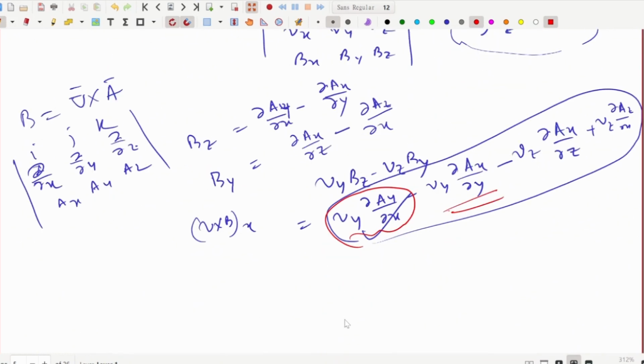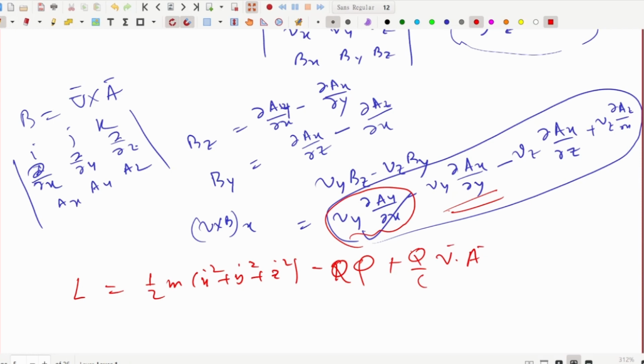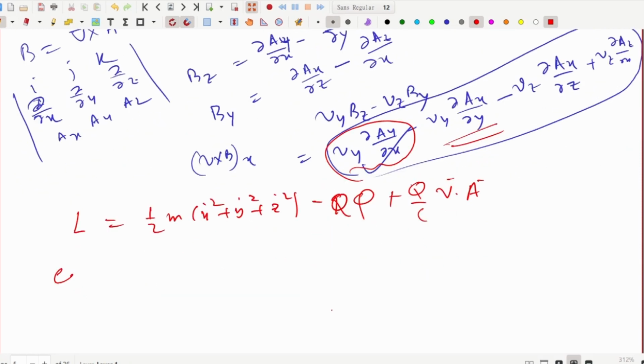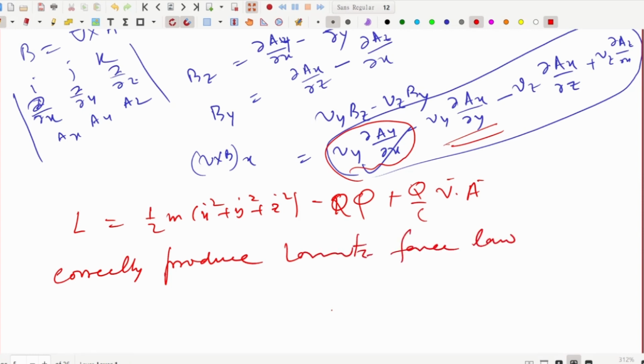So, the conclusion is that, and I will conclude in 1 minute, the Lagrangian we obtained, half m times x dot square plus y dot square plus z dot square, minus q times phi plus q by c v dot A, this Lagrangian correctly produces the Lorentz force law through the Euler-Lagrange equation.